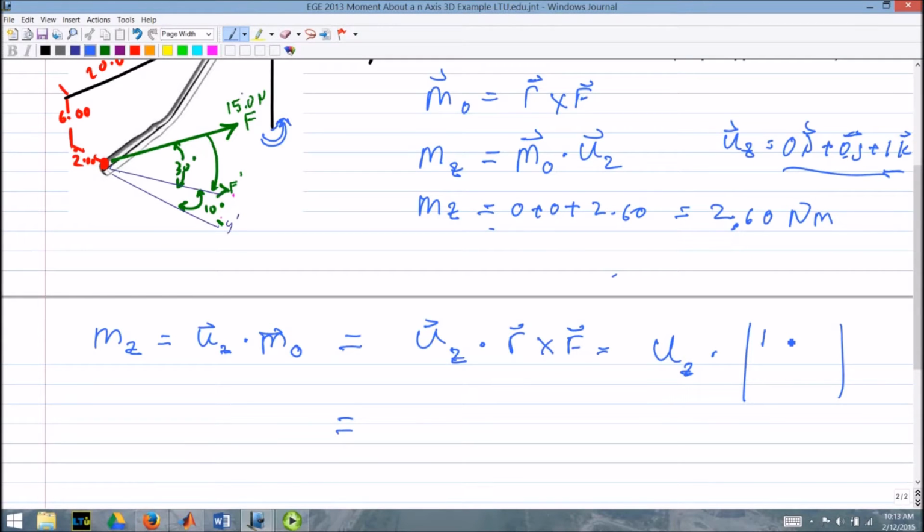And if I did all the math and worked it all out, instead of the I, J, K up here, I can do the dot product between my unit vector and those component vectors, and what I end up with is just the magnitudes of the things on the unit vector.